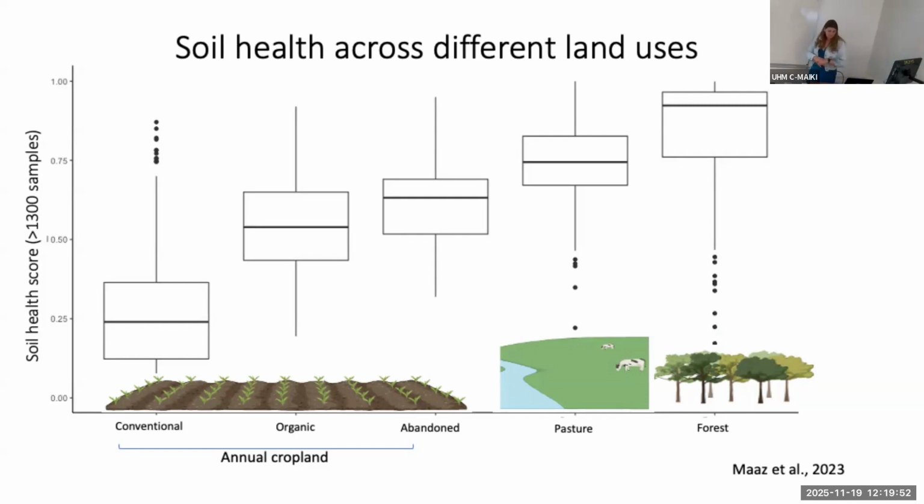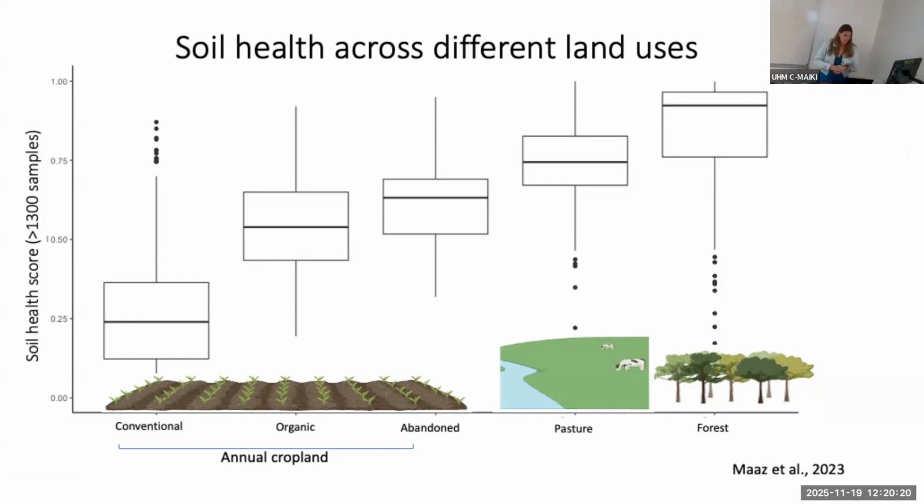And so I have annual cropland to the left, followed by our perennial pastures and forest systems. You see there's a big spread. So you see a distribution of samples. So just because you're in one class doesn't mean you're always higher than another land use, but in general, we see an increasing trend as you move to perennial systems.